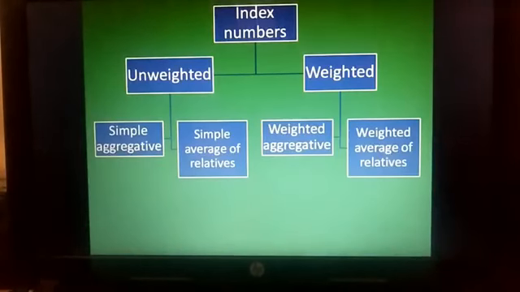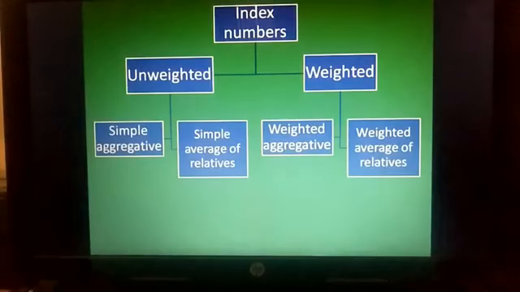So for aggregative index numbers, on both sides, that is the first bifurcation. But here it is simple because it is unweighted, and here it is weighted aggregative because it is a weighted index number. Then here also there is simple average of relatives, and this time, on this side, you will get weighted average of relatives.